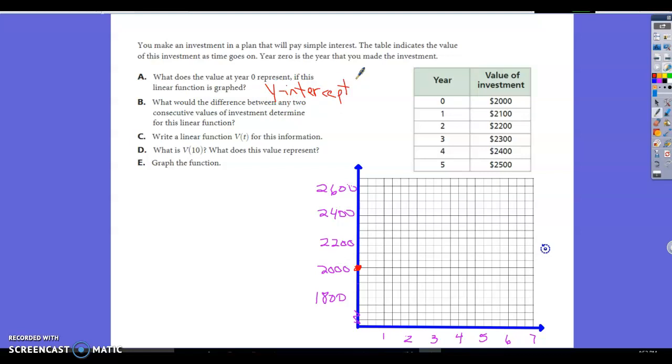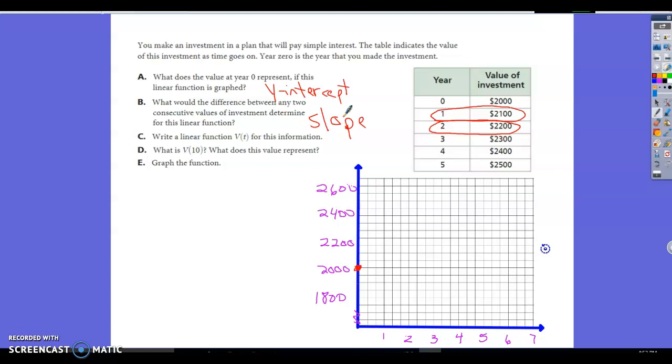All right, what would the difference between any two consecutive values of investment determine? Two consecutive values, if we look at this point, and we look at this point, and we're looking at the change in those, remember that would be our slope. We use the slope formula to determine the change in y's over the change in x's.